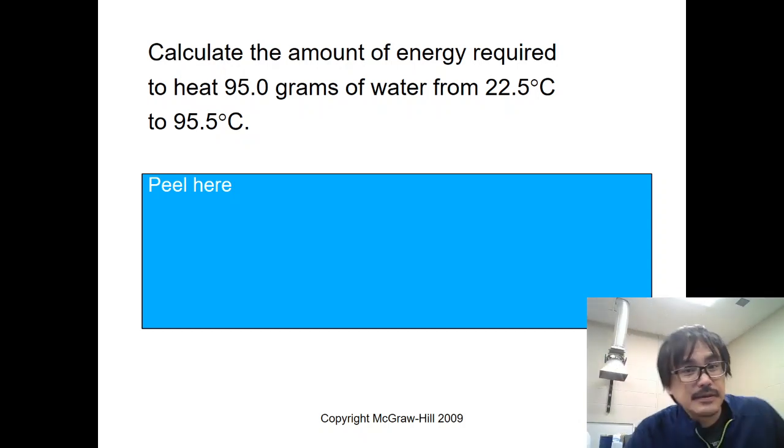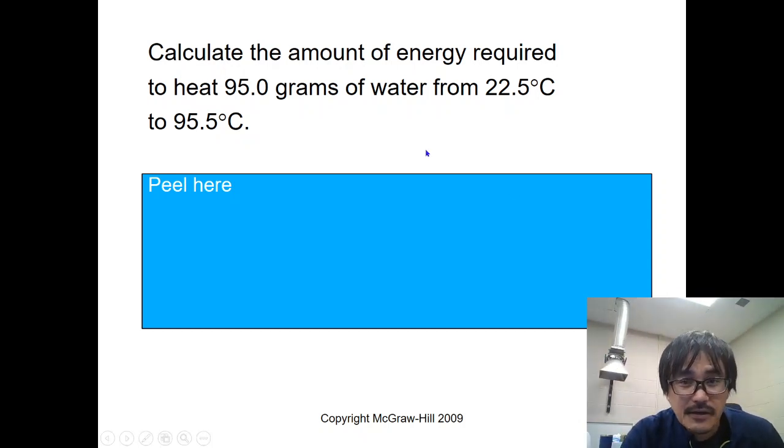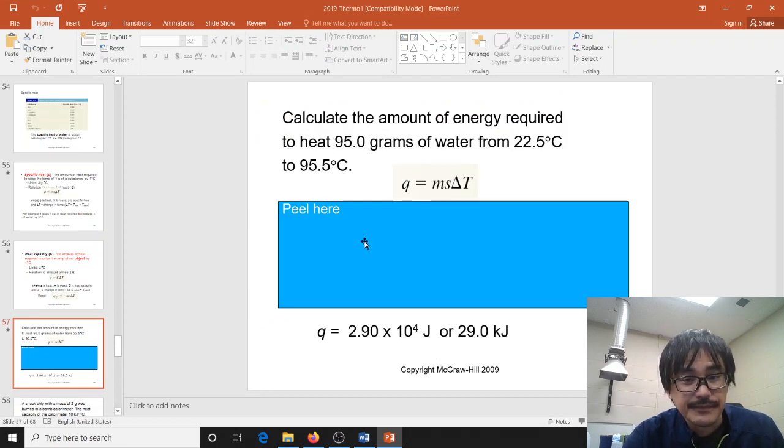Alright, so calculate the amount of energy required to heat up 95 grams of water from 22.5 to 95.5 degrees. So how do I actually do this? You're going to use this formula right here, and the temperature change is 95.5 minus 22.5, right?